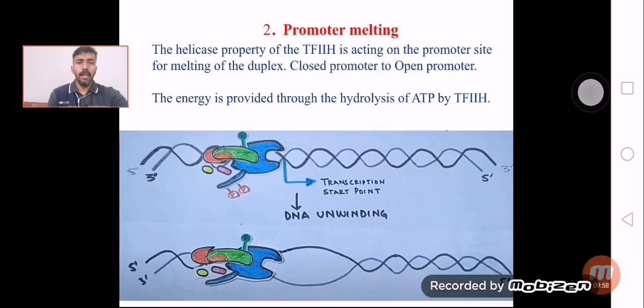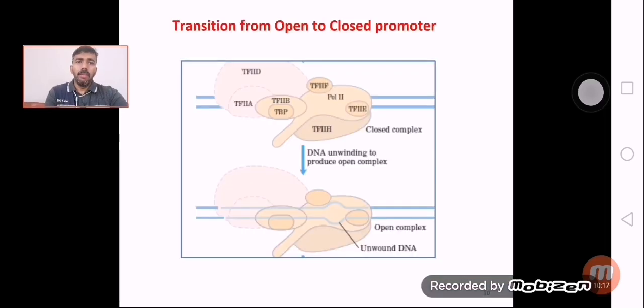So you can see an open region within the promoter region, and now the system has moved from the closed promoter, or the closed complex, to an open complex. Now it's ready for the elongation process, right? But still we have some other processes to see.